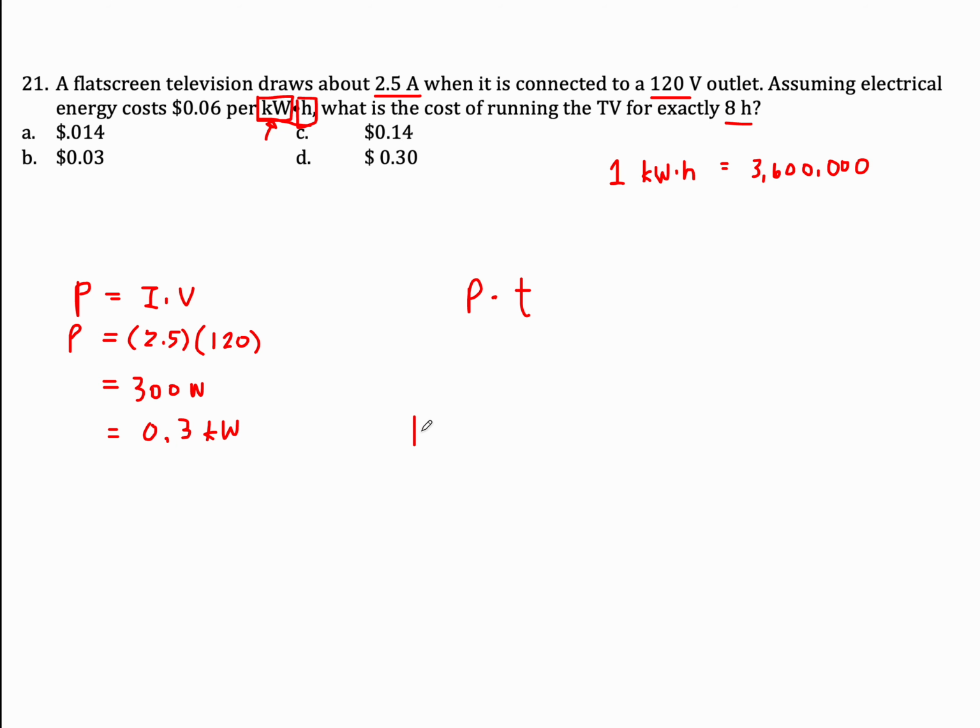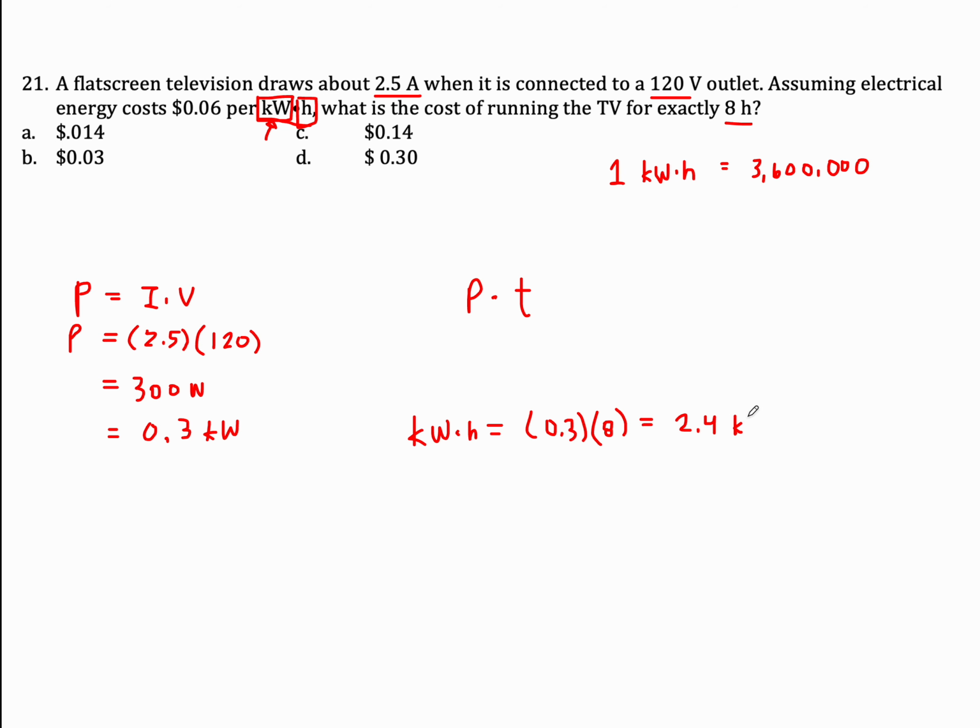The kilowatt hour, a strange unit only used by power companies, is 0.3 times 8 hours. The 0.3 from the kilowatts we just calculated, the 8 hours from the question itself, means we end up with 2.4 kilowatt hours.